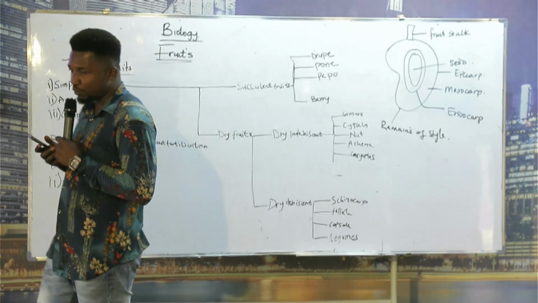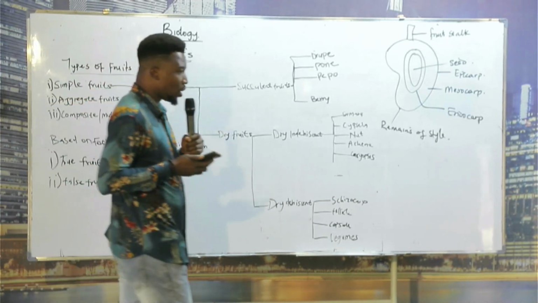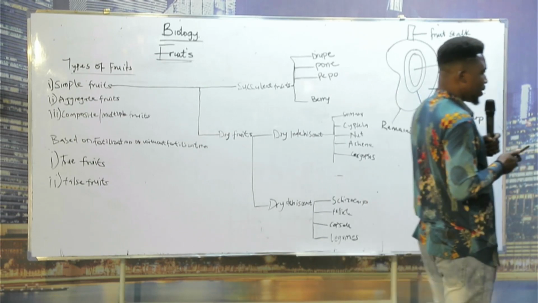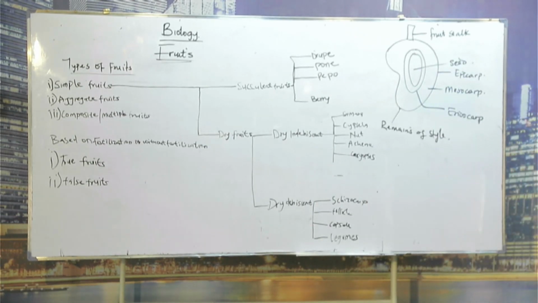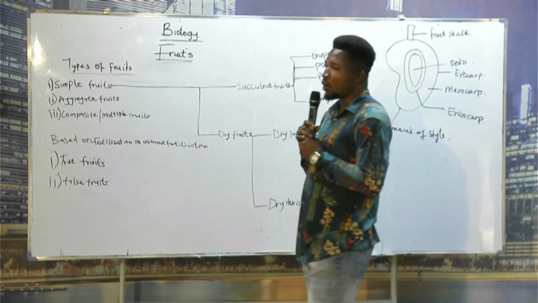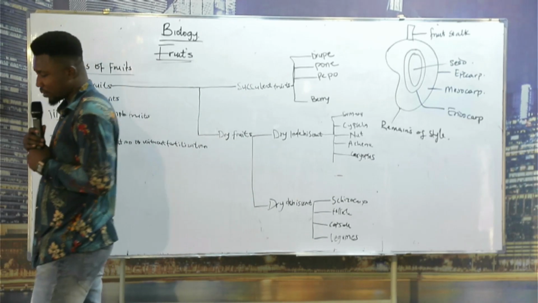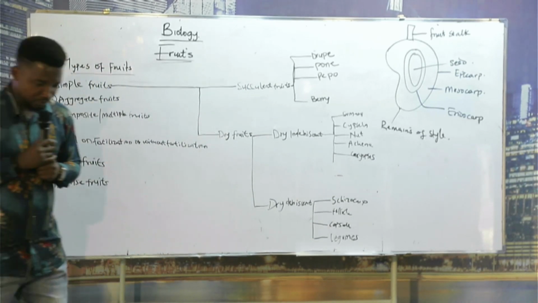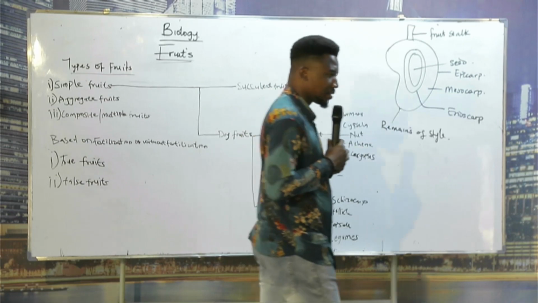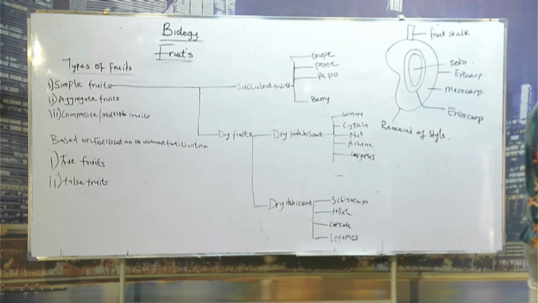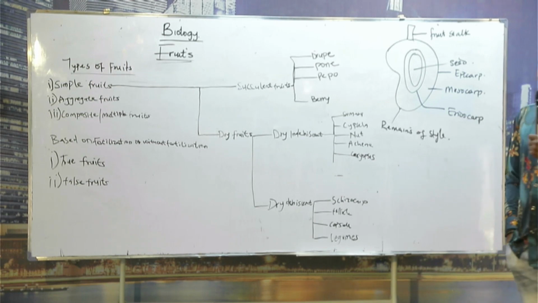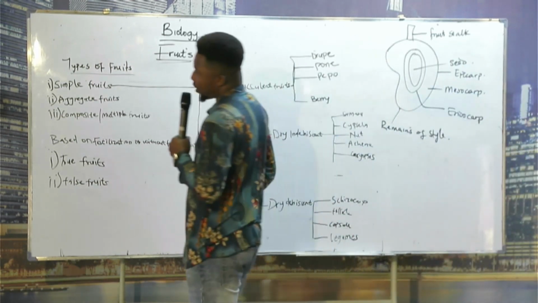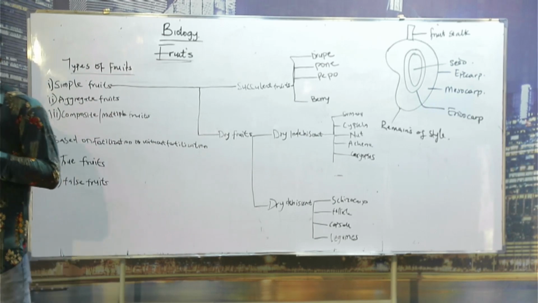It is a type of fruit that is formed from many flowers or different flowers, or parts of a flower. So, example, have you heard of mulberry?